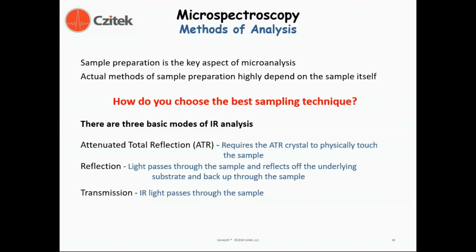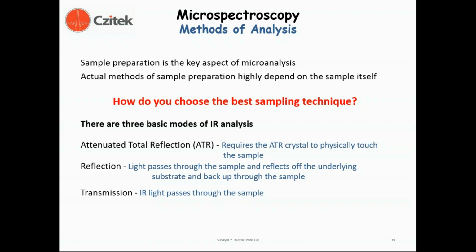In reflection, as we mentioned, light passes through the sample, reflects off an underlying substrate, and back through the sample. For some samples, it can be hard to thin the samples to the extent required to get an appropriate path length using reflection in infrared. For example, without something to compress the sample, it can be very difficult to get a thin enough sample size.